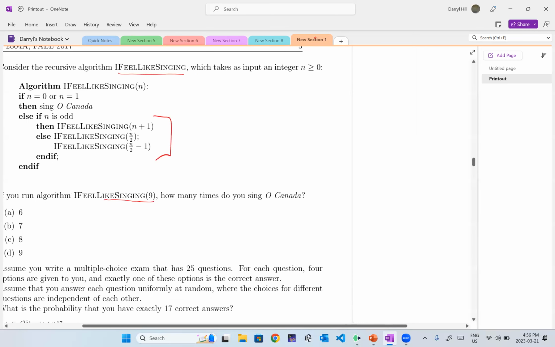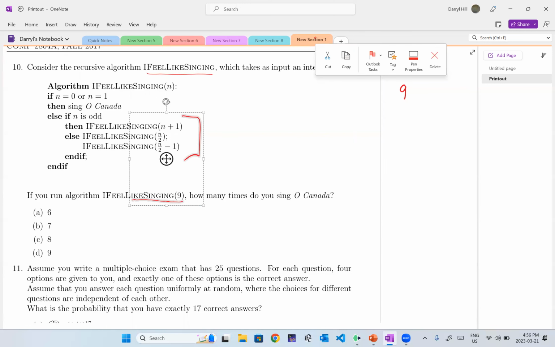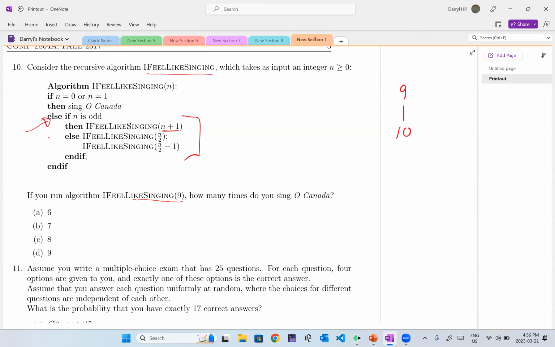But if I'm strapped for time, here's what I'm doing. I'm drawing the recursion tree. I make a call to F9. And then what happens? Well, if n is odd, then I call it with n plus 1. So this actually just goes to 10.